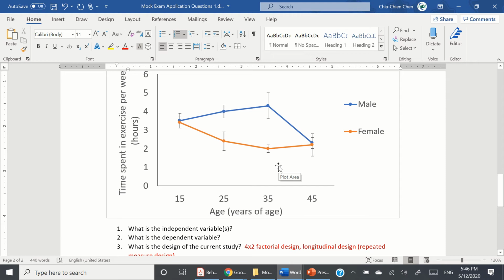And the biggest error bar that we're seeing is the male at 35 years of age. So male at 35 years of age is where we see the most heterogeneity in terms of variability, and female at 35 years of age is the most consistent, which means they exhibit the least amount of variability in the data.